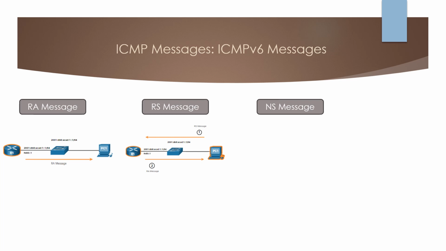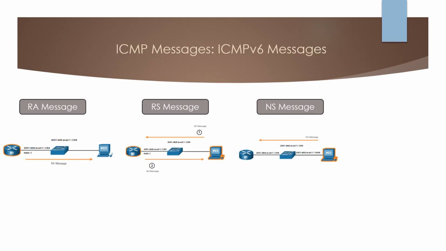To check the uniqueness of the address, the device will send a neighbor solicitation message with its own IPv6 address as the targeted IPv6 address, as shown here in this figure. If another device on the network has this address, it will respond with a neighbor advertisement message.